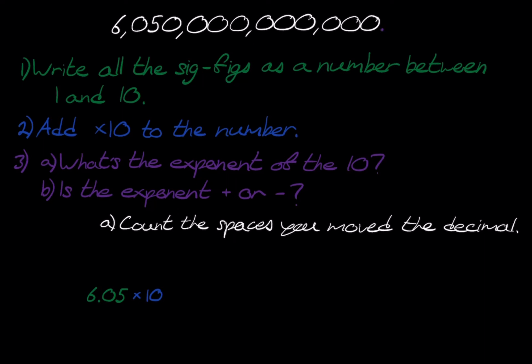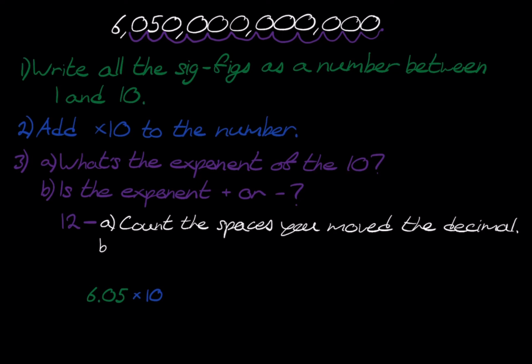In our example, we started off with 6,050,000,000,000. So how many places did we move the decimal to get 6.05? We moved the decimal 1, 2, 3, 4, 5, 6, 7, 8, 9, 10, 11, 12 spaces. So the number in the exponent is 12.